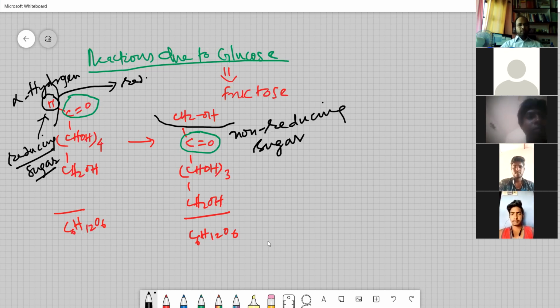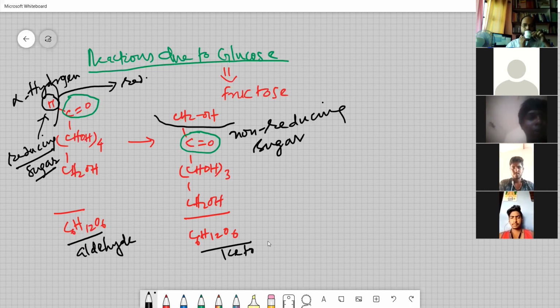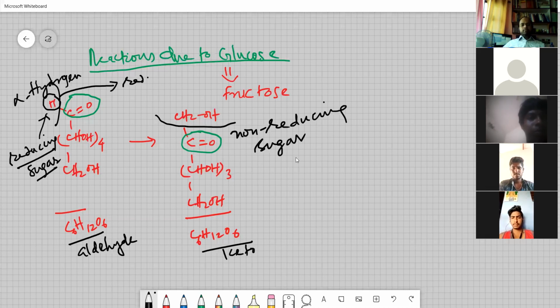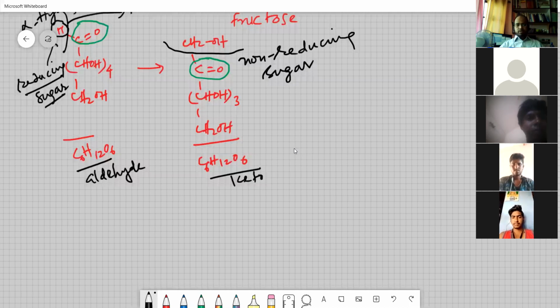So the molecular formula for both is same, C6H12O6. How do you remember this? This has aldehyde group, and this has the keto. What is the main reaction between the aldehyde group and the keto group? If you recall, the keto group is answering the separate test.